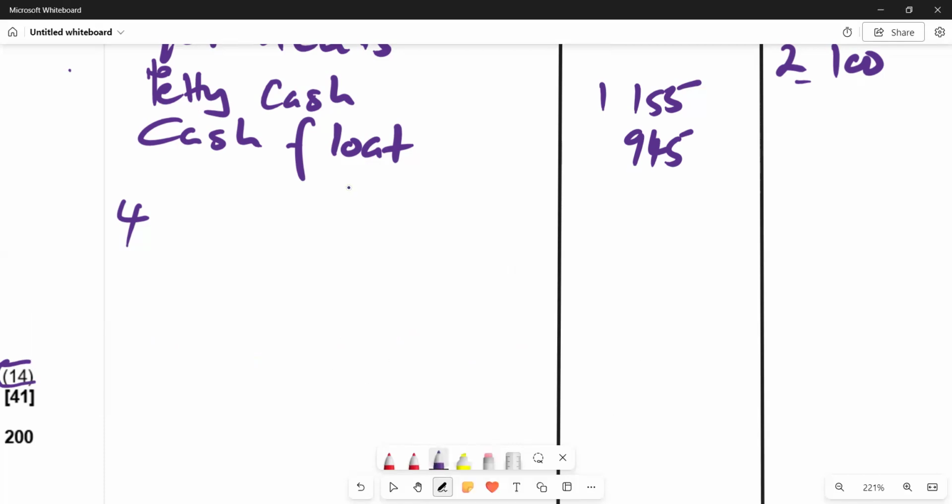So here, we're just going to say capital, which is going to represent our closing capital. Then we make the calculation beneath, whereby we start with our balance at the beginning of the year, which is our opening capital.